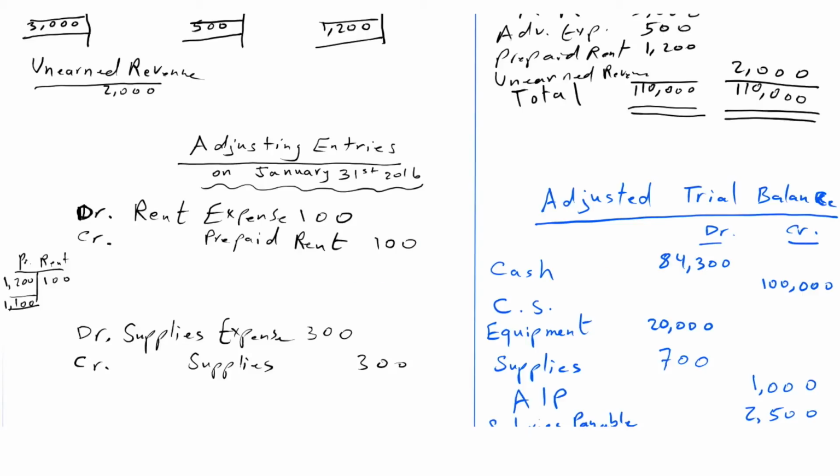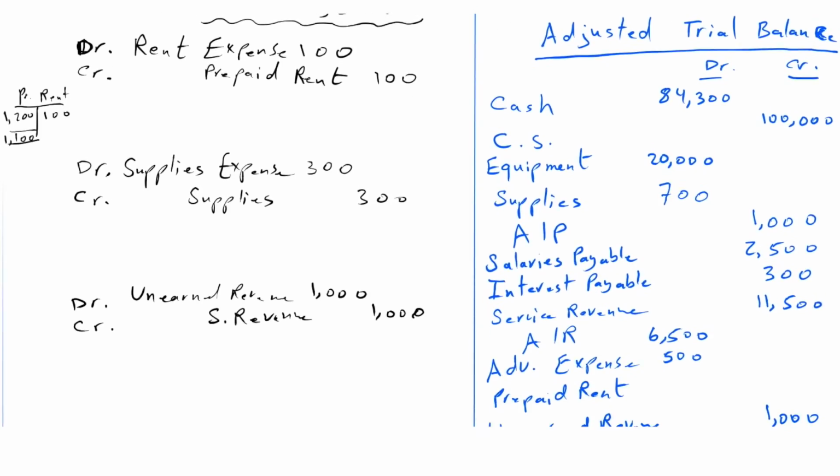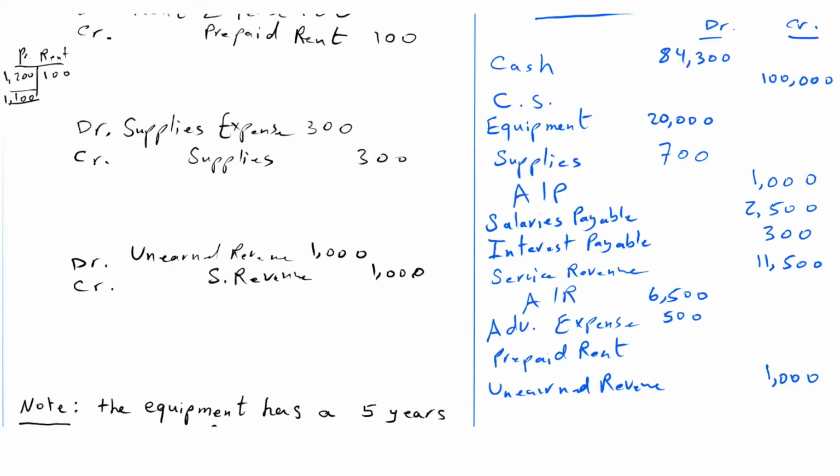That's $1,100 debit balance for prepaid rent. So the remaining balance is $1,100. We still have $1,100 of prepaid rent. It decreased by 100 because we consumed it. We consumed $100 during that month. It was transferred to an expense account.